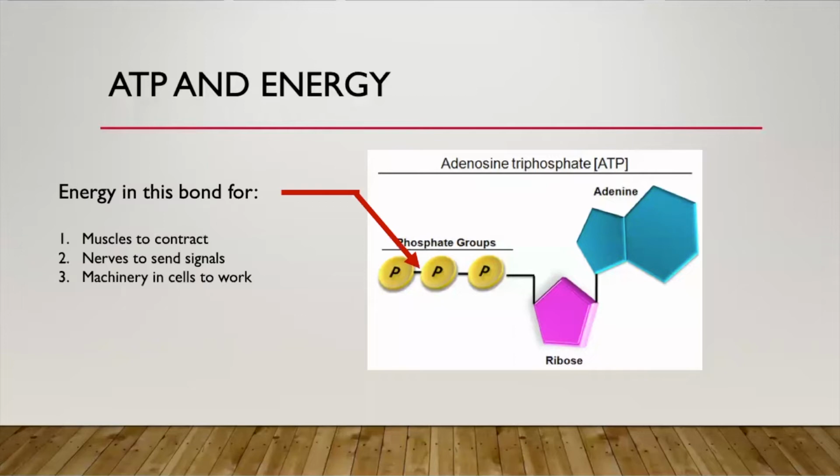The importance of it is that those phosphates are attached to one another by bonds, and those bonds contain energy. So in other words, left to its own devices, the phosphate would separate. But because the bond is there, it has a lot of energy to hold it on.